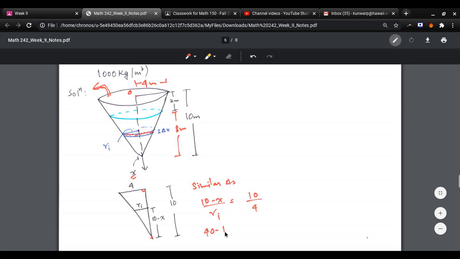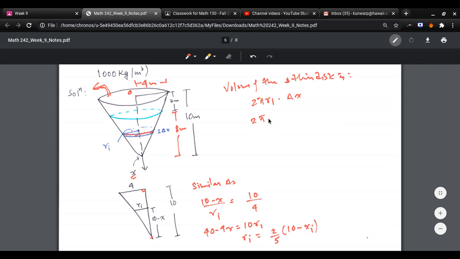That gives me 40 minus 4x equals 10 Ri. Or it gives me Ri is 2 over 5, 10 minus xi. So the volume of the thin disk is the area times the thickness.